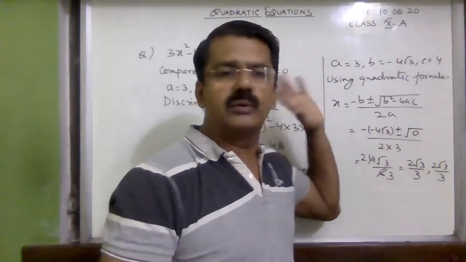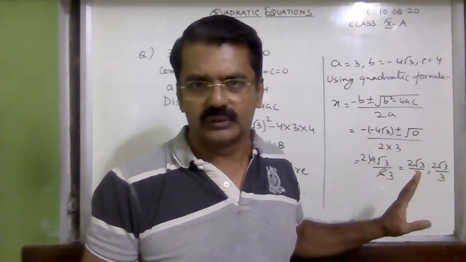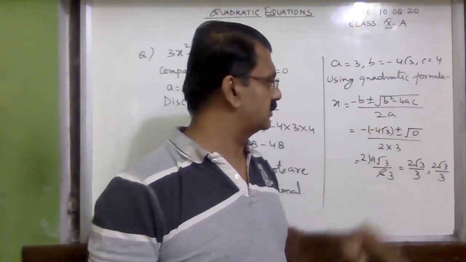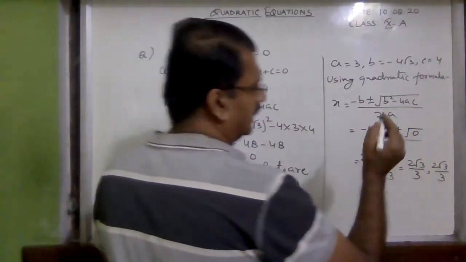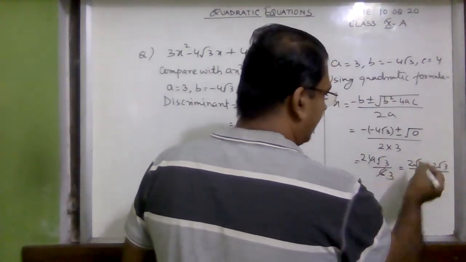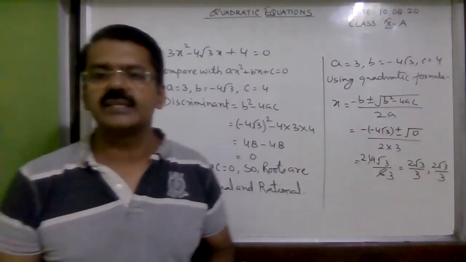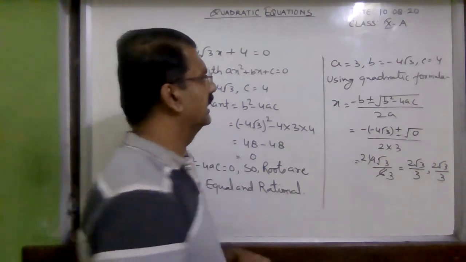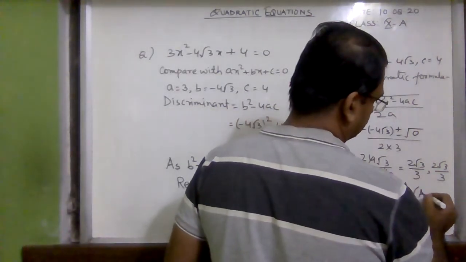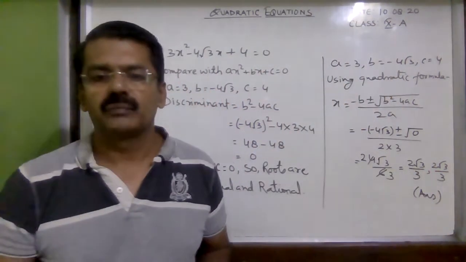Otherwise, due to under root b² − 4ac, we are not having the root. That b is already in root, so here we can say that it is irrational because square root of 3 is there. Clear? That is your answer. Okay.